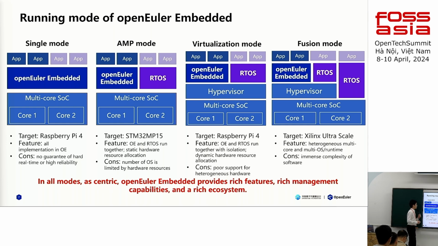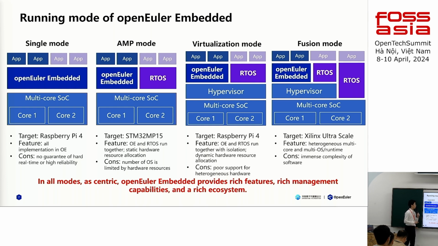As a result, in the following 3 modes, we can run more than one OS on a single embedded platform. For the AMP mode, or asymmetric multiprocessing mode, we deploy openEuler Embedded and RTOS on different types of CPUs.